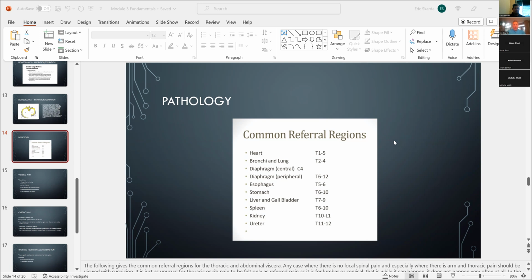I do think it's nice to go through some of the pathology stuff, looking at some common referral regions. Heart stuff obviously is a big one in the thorax. One of the major things that we have to consider is that it's very rare for mechanical, musculoskeletal problems in any region of the spine to present with peripheralized symptoms and no local symptoms.